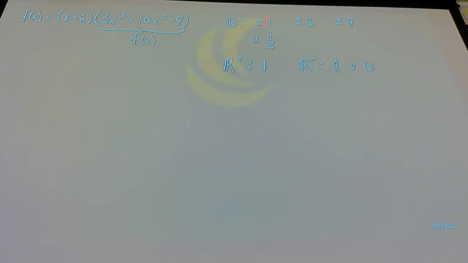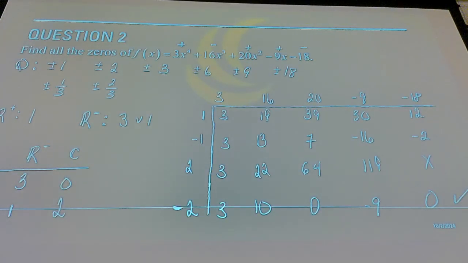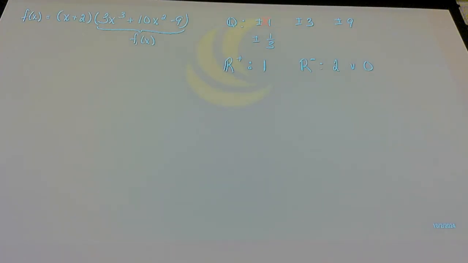They weren't zeros before, they can't be zeros now. Notice we've also now limited the remaining zeros. We got rid of the plus minus 6, the plus minus 18, and the plus minus 2/3. So we don't have to check those.